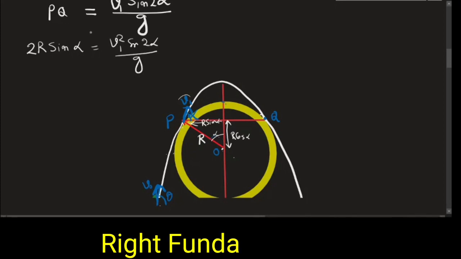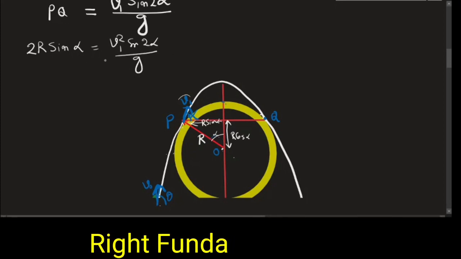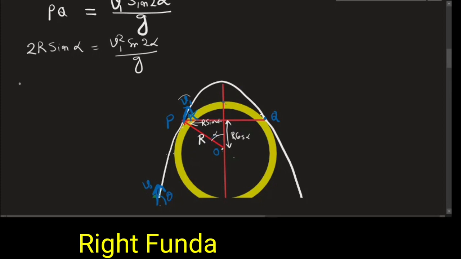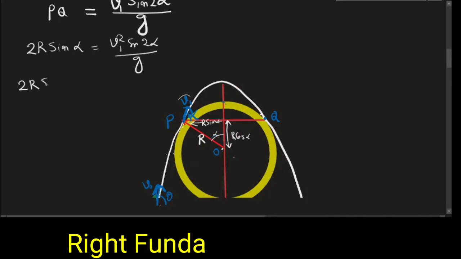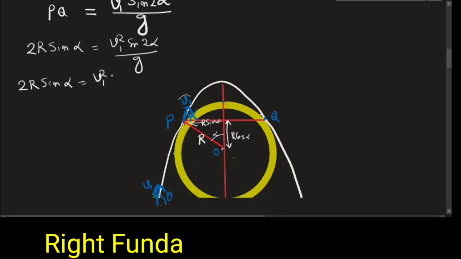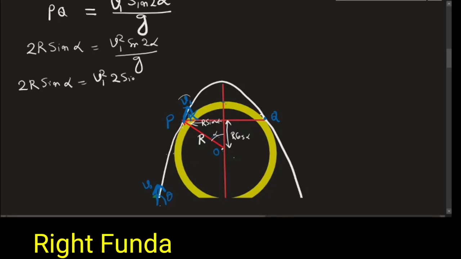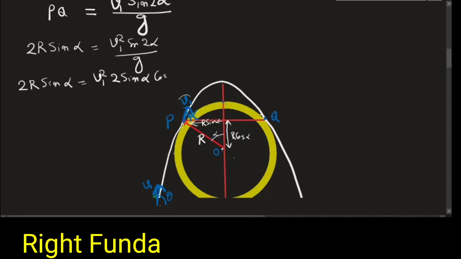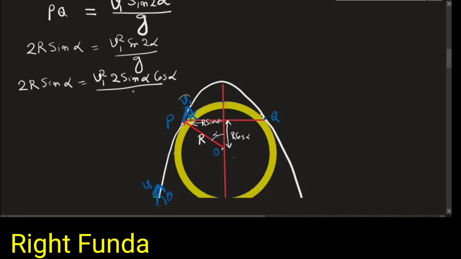This is from the geometry, and this is for the projectile, the formula we have learned. We can write 2R sine alpha is equal to V1 square 2 sine alpha cos alpha by g.